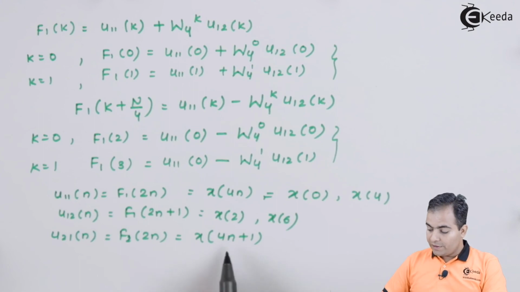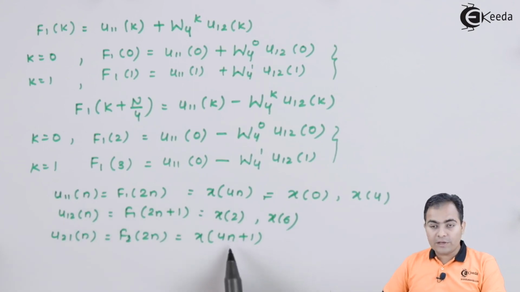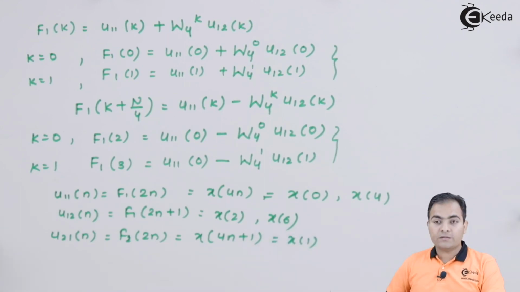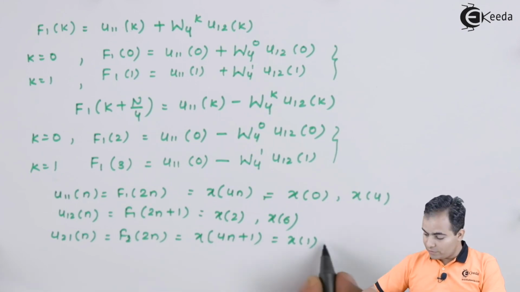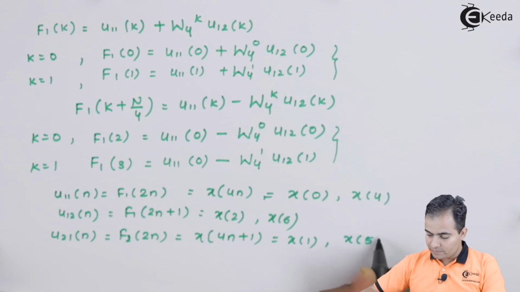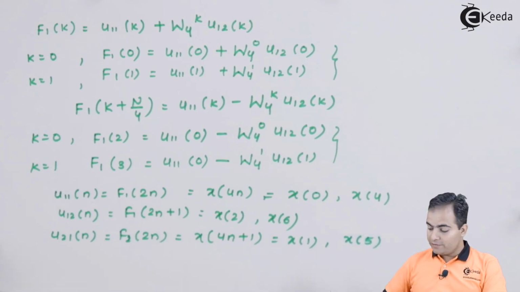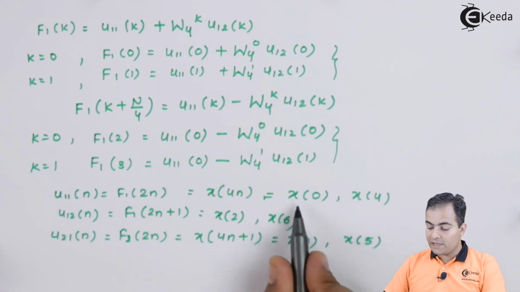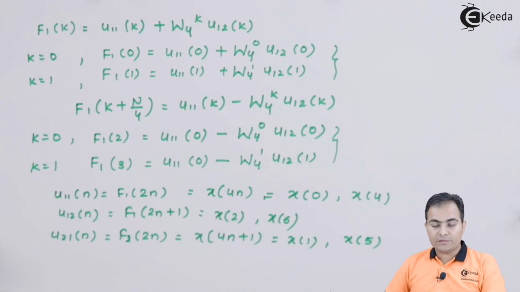Now if I substitute n equals 0 over here, then 0 plus 1 is nothing but x of 1, and if we put 1 over here, then 4 into 1 is 4 and 4 plus 1 is 5. So the next odd sample is x of 5, which means the first two parts of the answer have two samples, that is x of 0, x of 4. The next part has x of 2, x of 6. Here also we have x of 1, x of 5.